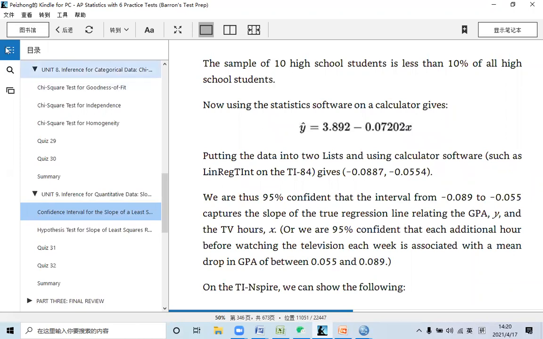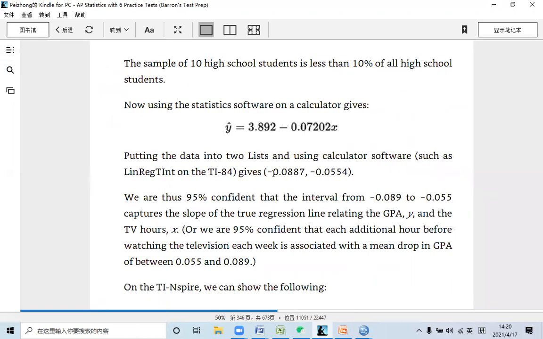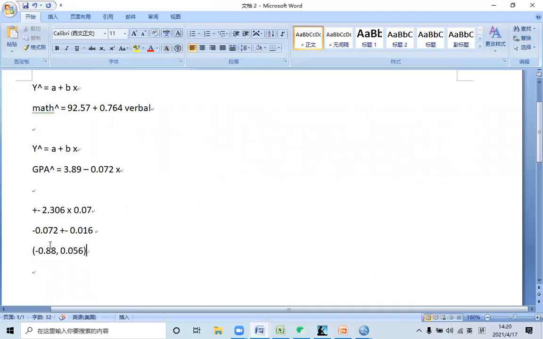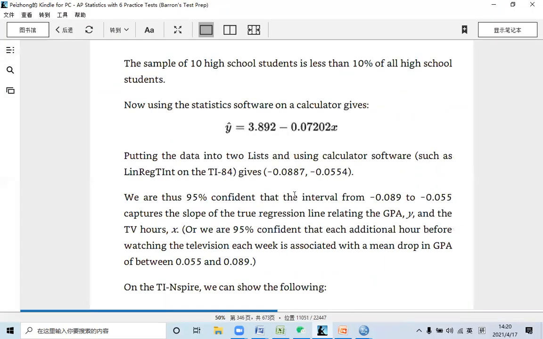Negative 0.088, we're close. Right, 88. Okay, this is negative 0.056. Yeah, very close. This is how you get the confidence intervals.